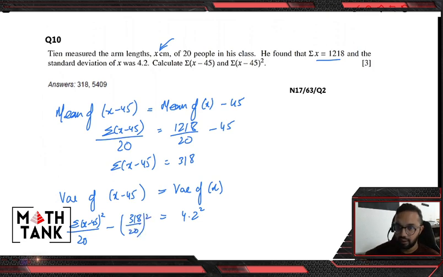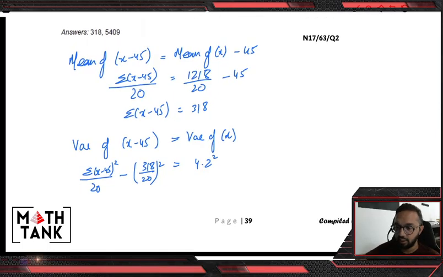On the left hand side again are the adjusted values, on the right hand side the original values: 4.2 squared plus 318 divided by 20 squared. So this gives me the sum of x minus 45 squared as 5409.